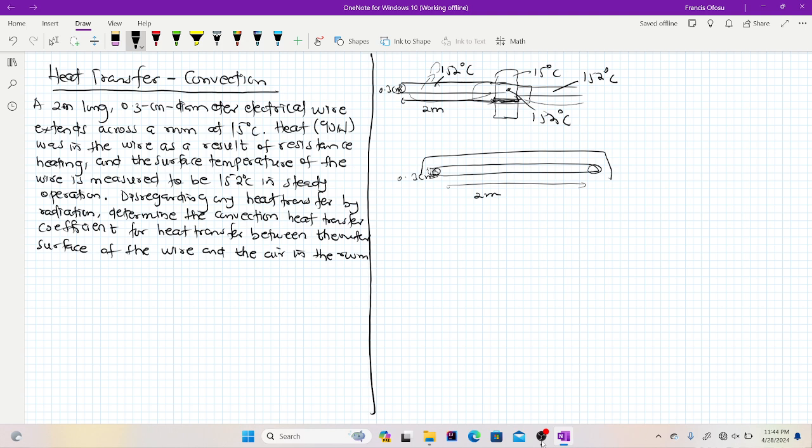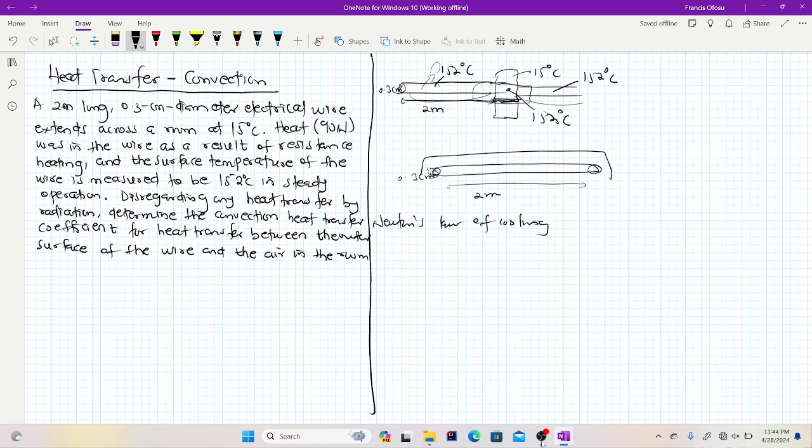Now, the moment we find out that the heat transfer problem we are having here is convection, we can only resort to Newton's law of cooling. The Fourier equation is for heat transfer in conduction, but Newton's law of cooling is for heat transfer in convection.